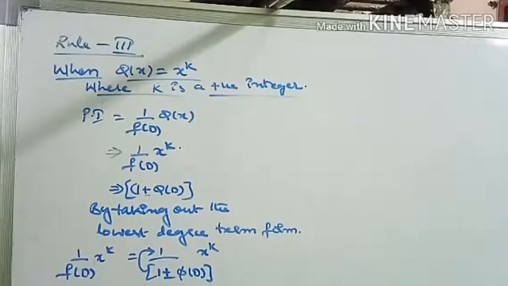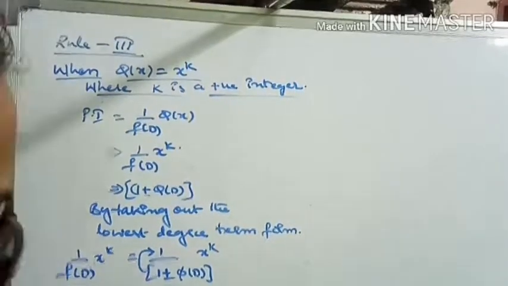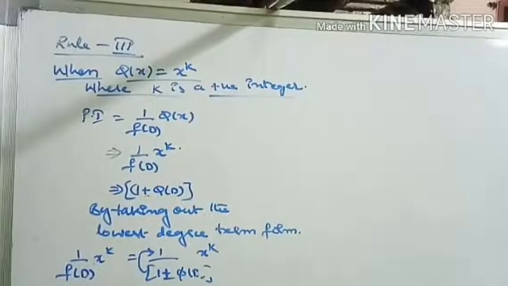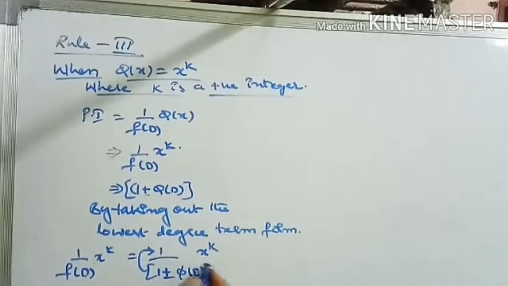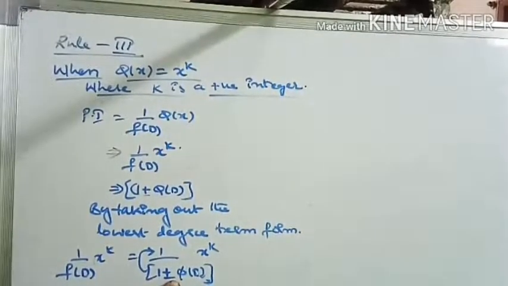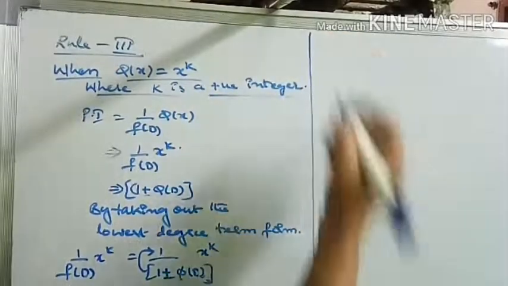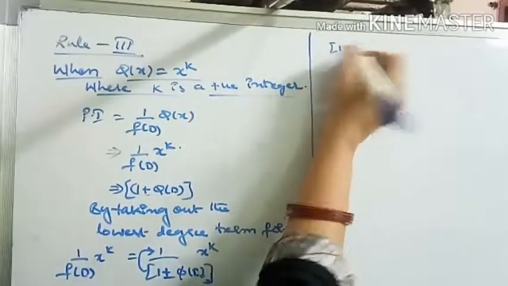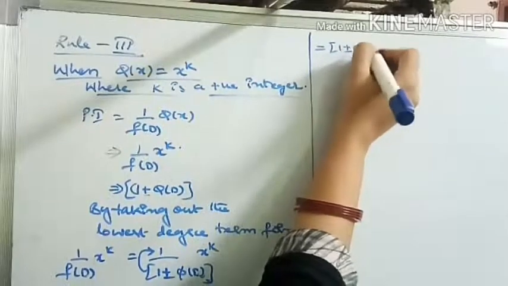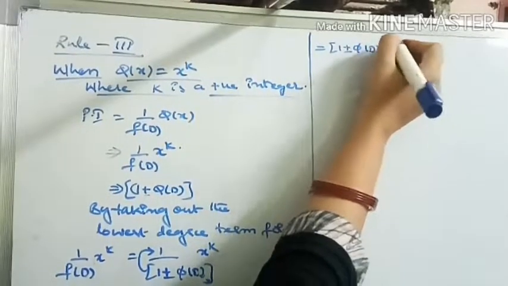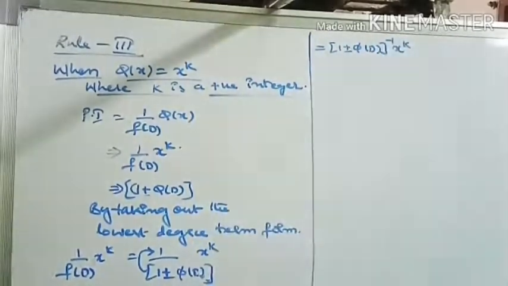It will get reduced to 1 plus or minus phi of D whole to the power of minus 1, x to the power of k.